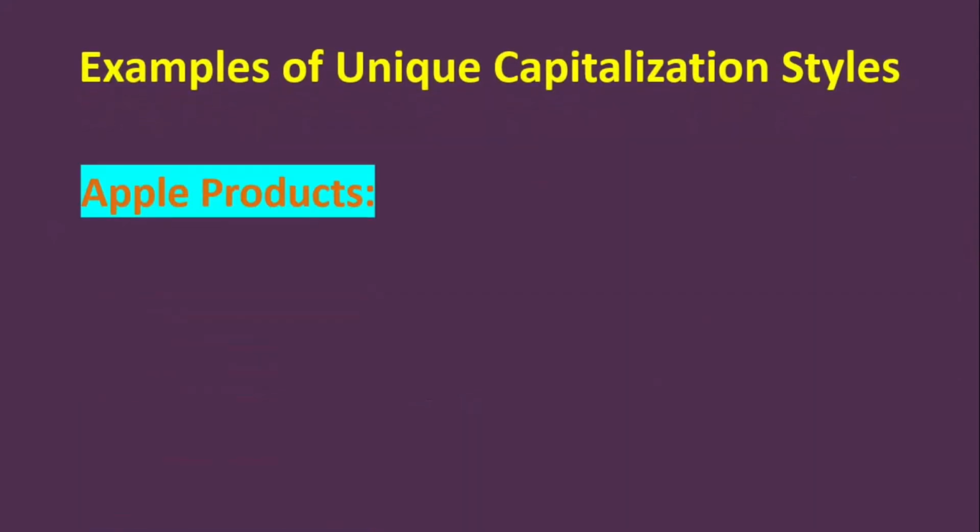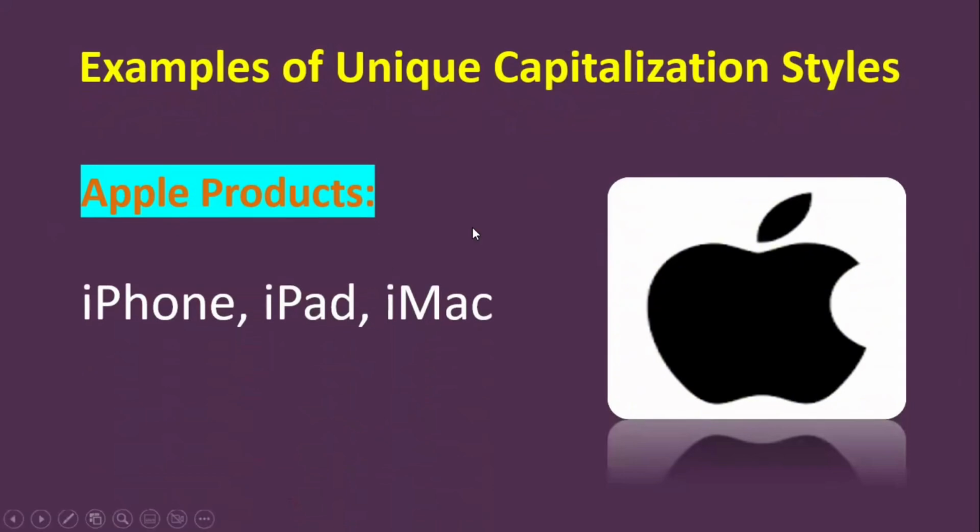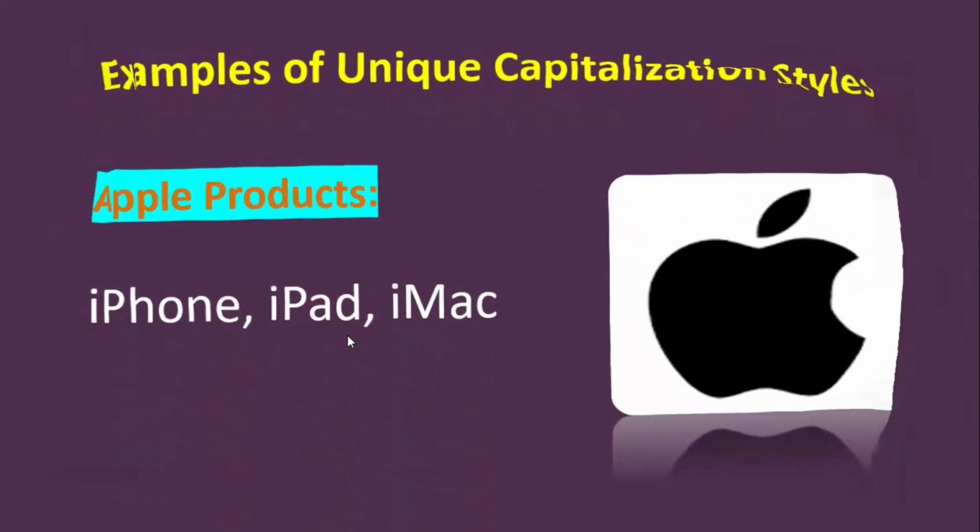For example, if you look at Apple products, usually the I in the beginning is not capitalized. Usually the letter after the I is capitalized. Okay, so this is how Apple chose for their names to be capitalized.